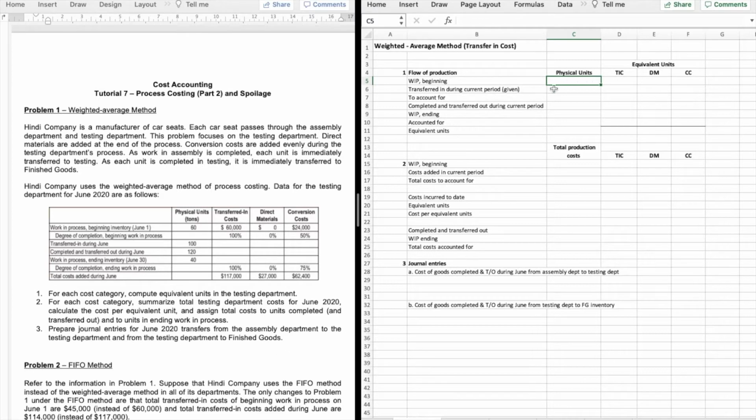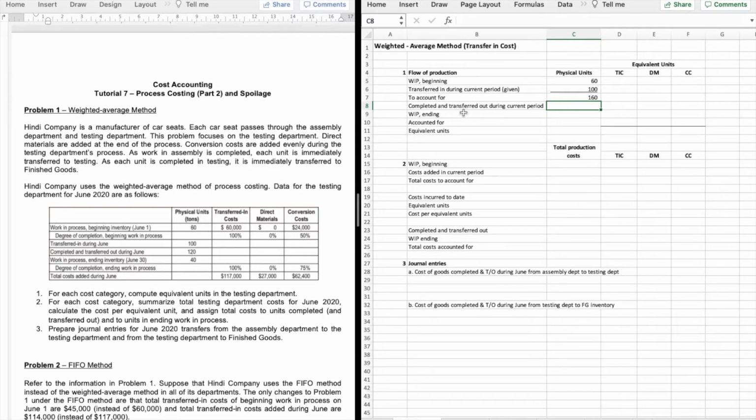Starting from the beginning work in process, we know from the information box that the physical units for beginning work in process is 60. And the transferred in during the current period is 100 from here. So to calculate the units to account for, we add the beginning work in process to the transferred in during the current period, and then we have 160.